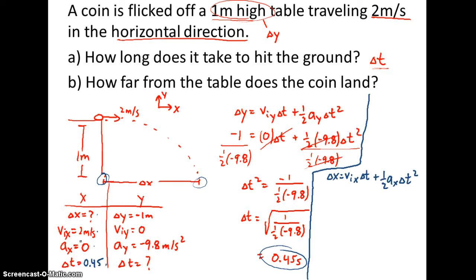Now if we notice acceleration in the x direction, this value is going to be 0 if there's no air resistance. So 0 times any number is just going to give us 0, so we can ignore this quantity. So what we have left is delta x is equal to Vix times delta t.